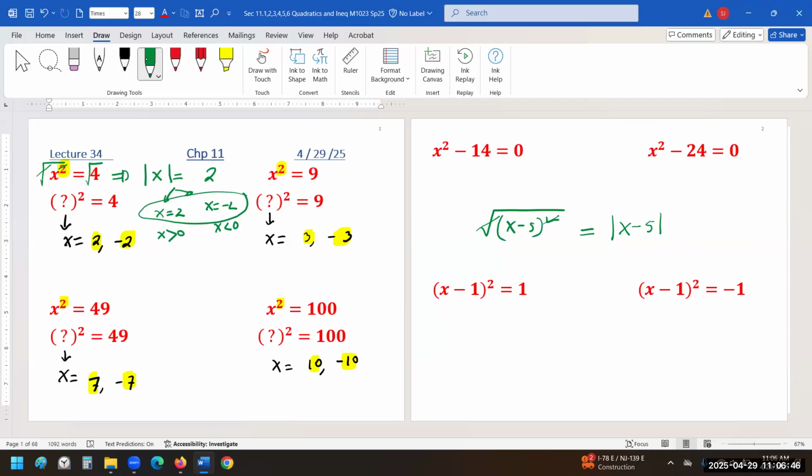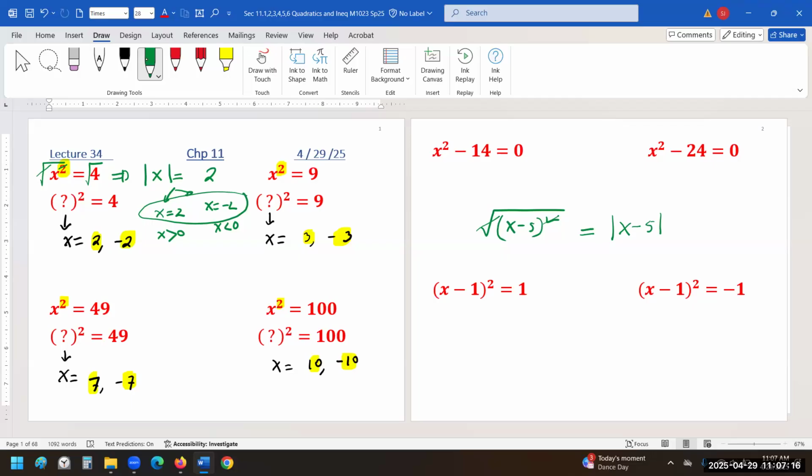That's why anytime we take the square root of a variable, there are two choices, positive and negative. Most of the time we forget that and only put the positive result, which is wrong. It's always two choices based on what x is. If x is on the positive side of your graph, the result is positive, but if x is on the negative side, it has to be negative.